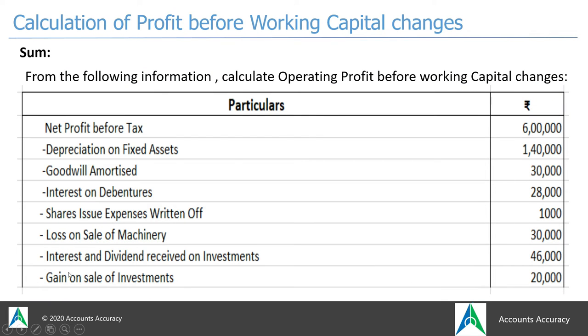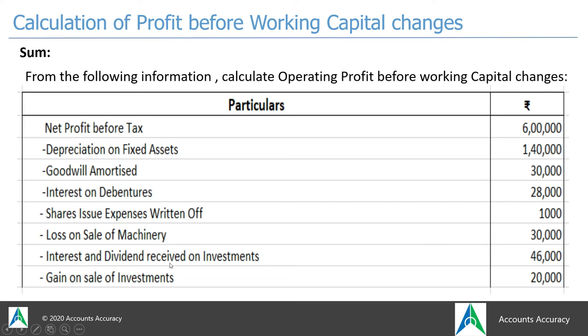Now last two items are the interest items, just like interest and dividend received on investment. So this is the amount which needs to be shown as an inflow in investing activity. Hence it must be deducted over here because as it's been added in the profit, but it needs to be shown in the investing activity, not in operating activity. Gain on sale of investment, this is again the part of investing activity.